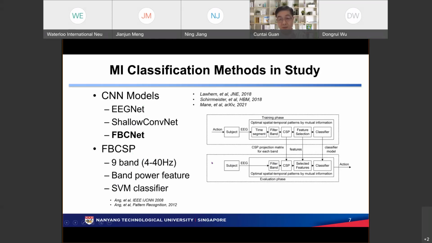In summary, for the feature-based model, especially FBCSP, there are four key elements. The last one is straightforward, the classifier. The unique part, first, is the temporal filtering.